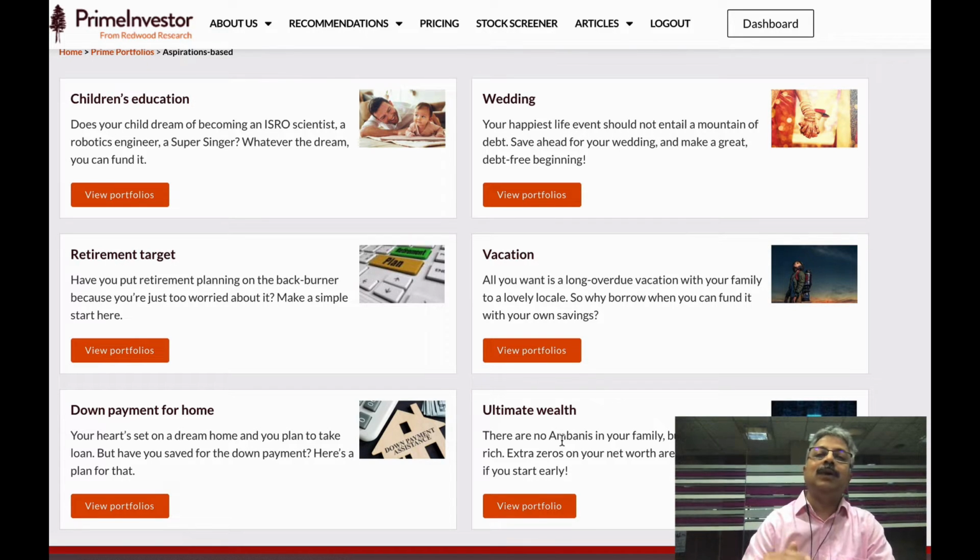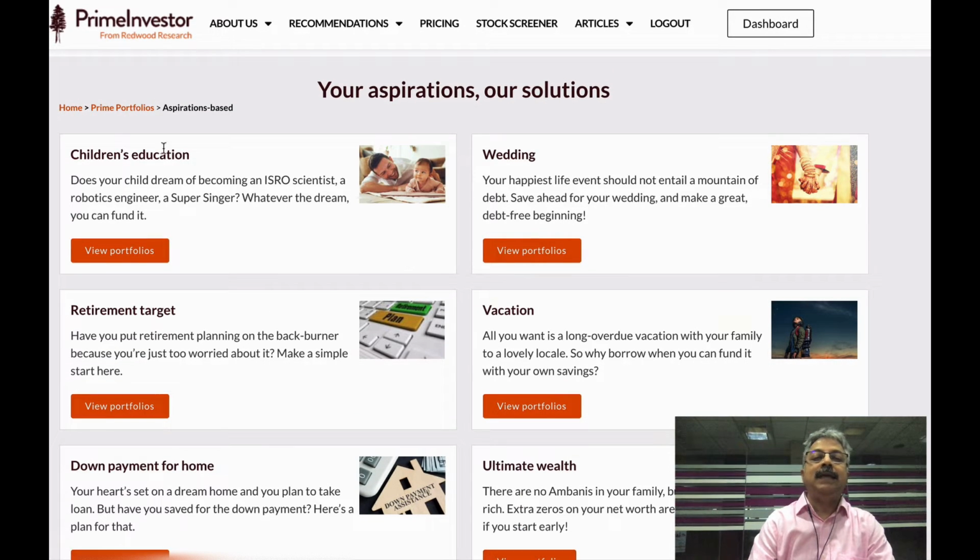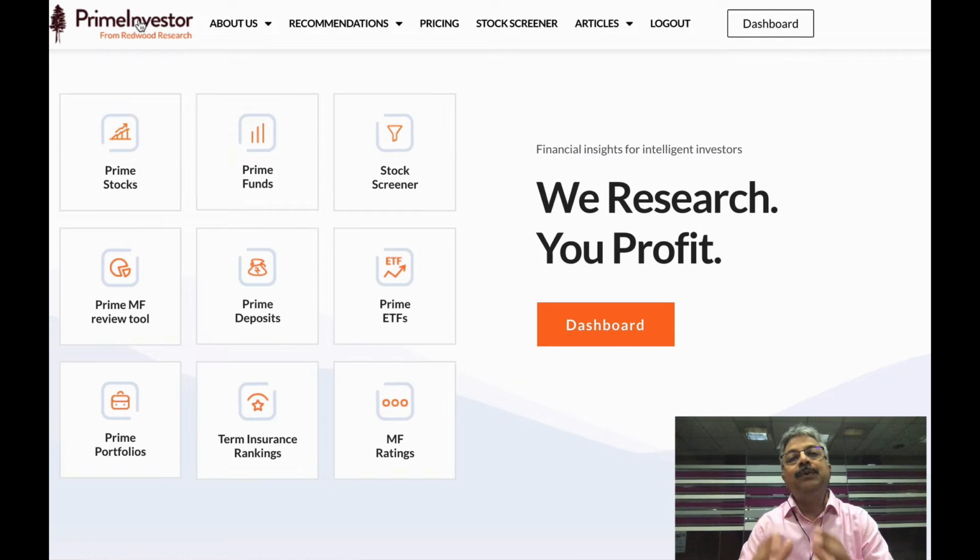So these are high quality, totally independently curated portfolios that you can use right away. So this is the first way in which we can help you get going with your mutual fund investments, giving you ready to use portfolios that you can deploy right away.